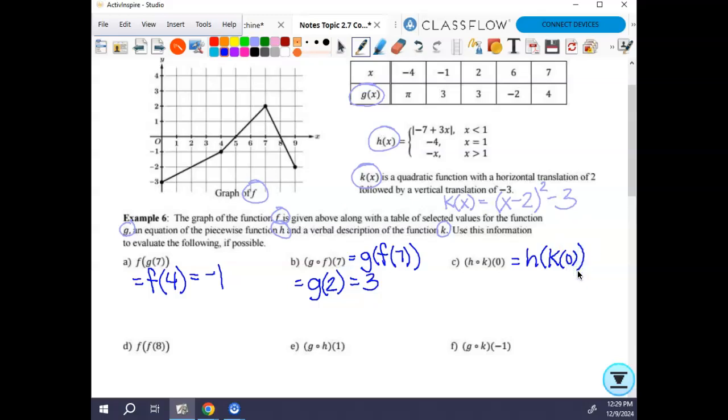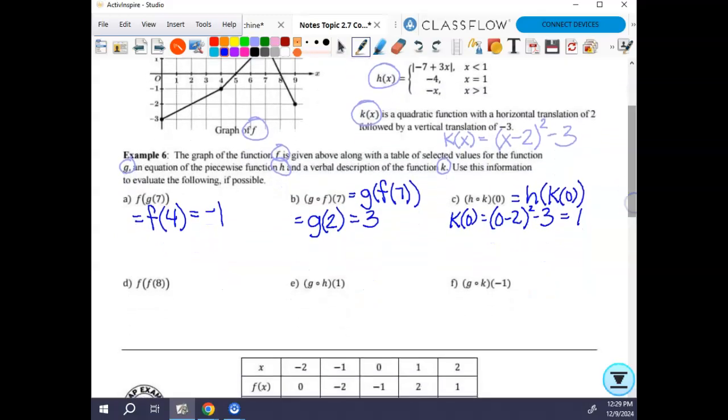All right. So k of 0, I'm going to find that first. That's going to be 0 minus 2 squared minus 3. So it looks like that's 1, right? So then h of k of 0 really just equals h of 1.